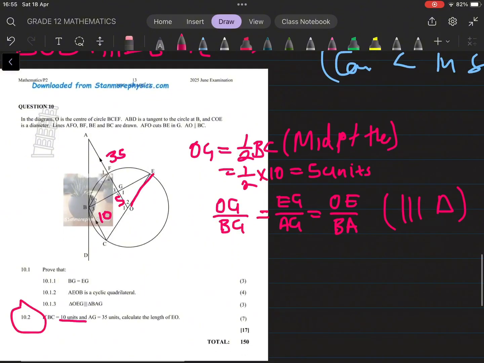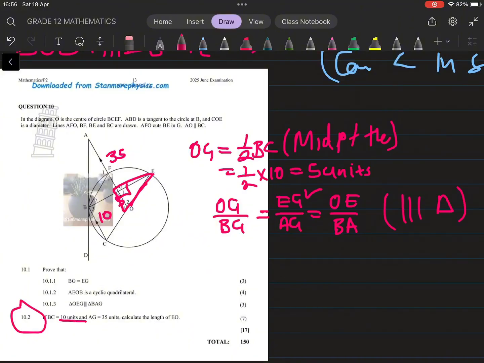Now, what exactly are we looking for? We are looking for OE, but it won't lead us to what we want directly. Now, we have EG, which can help us to find OE, because we now have OG.